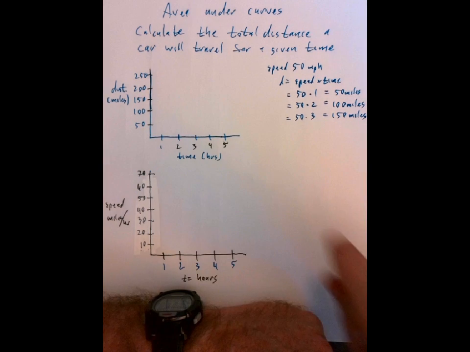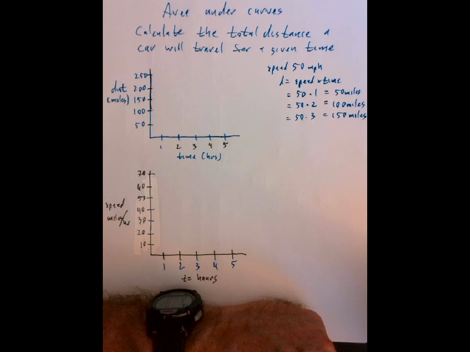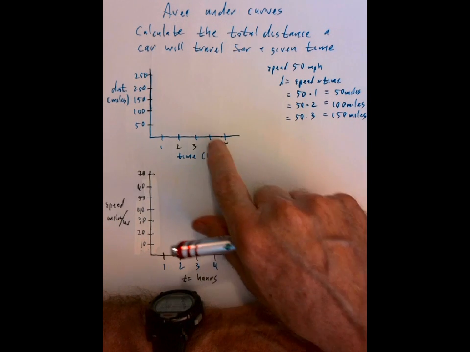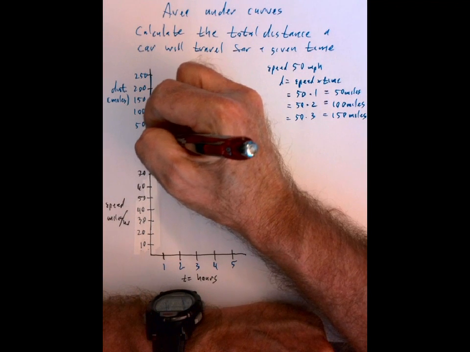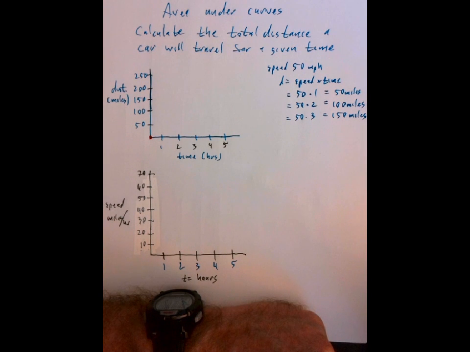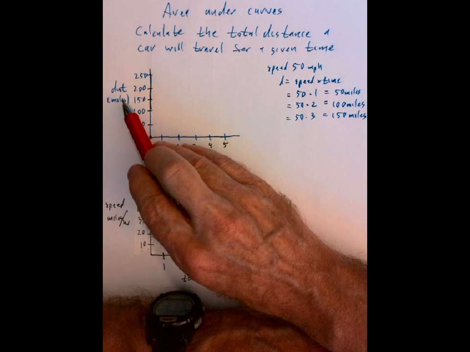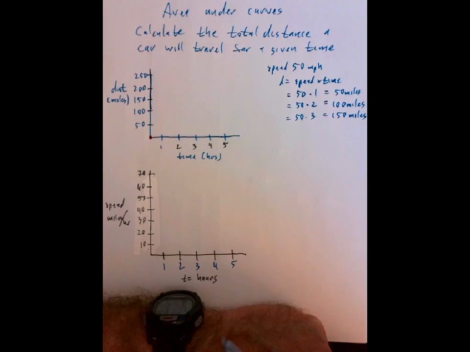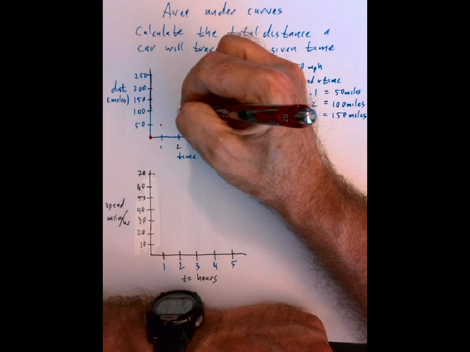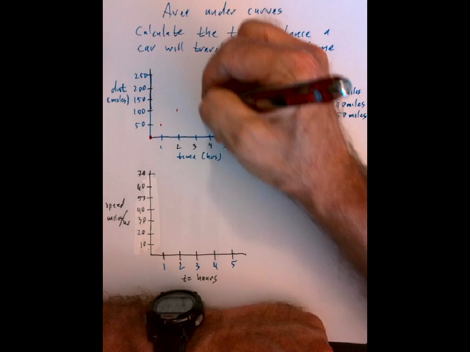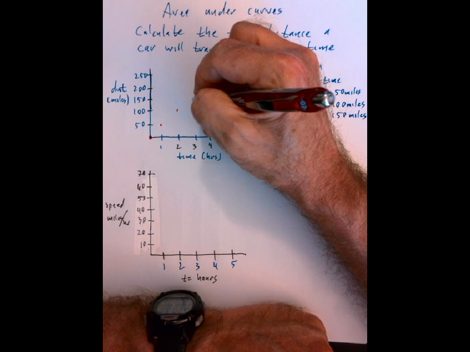When we worked with these functions and concepts before, we often made a graph of them. So here on the graph, at 0 time, we've gone 0 distance. This is a graph of distance versus time. At 1 hour, we went 50 miles. At 2 hours, we went 100 miles. At 3 hours, we went 150 miles.